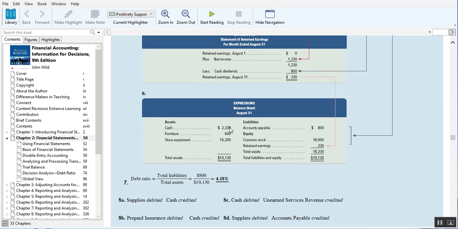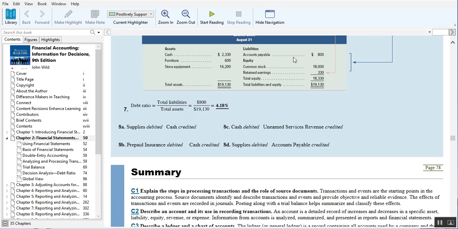In the balance sheet, we're going to identify the assets and total assets, the liabilities. We're going to bring in common stock, the balance there, and whatever we calculate in retained earnings, which will be basically the net income minus any dividends that we pay. If we begin the month with a prior balance in retained earnings, we'll add that in as well.